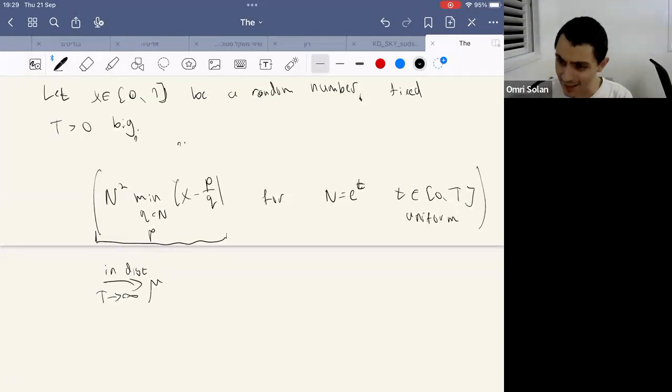Why did I do that? If I choose just n to be uniform between 0 and t, then there would be a small difference.